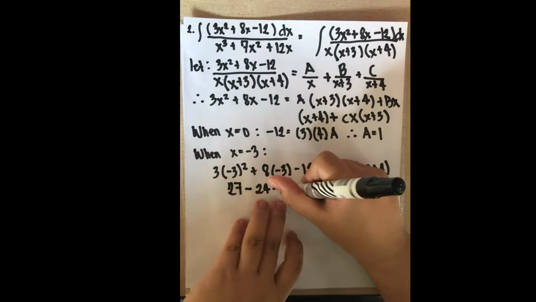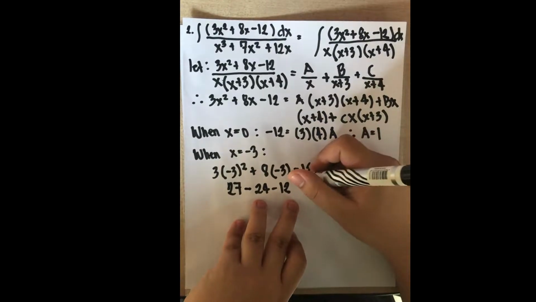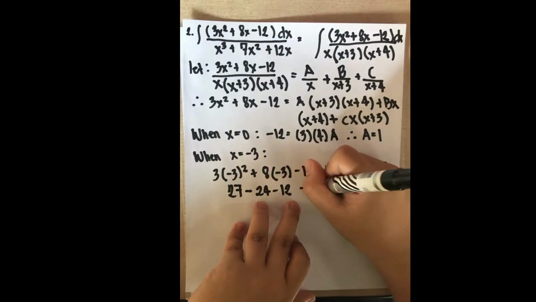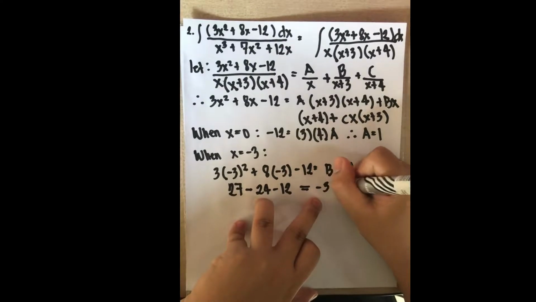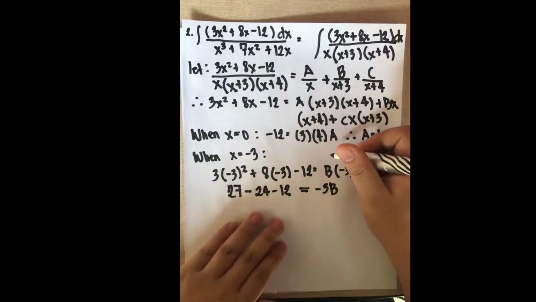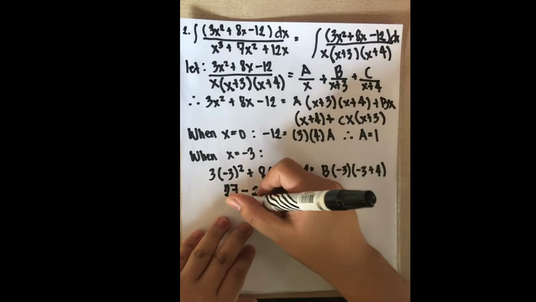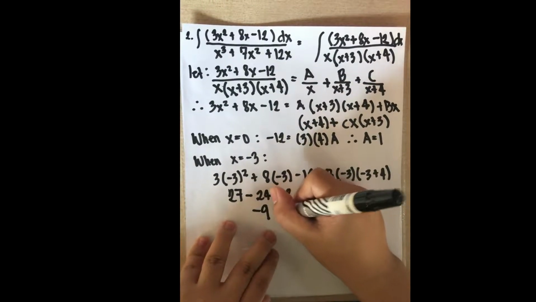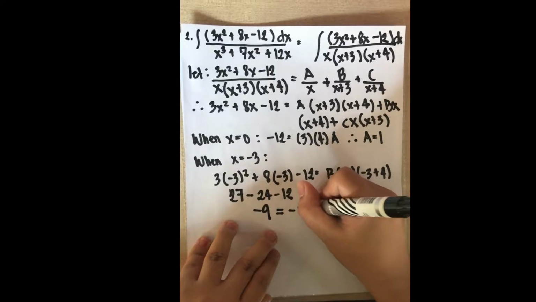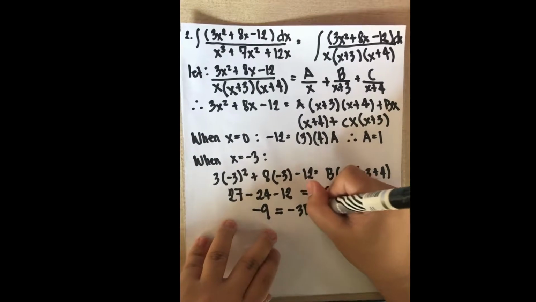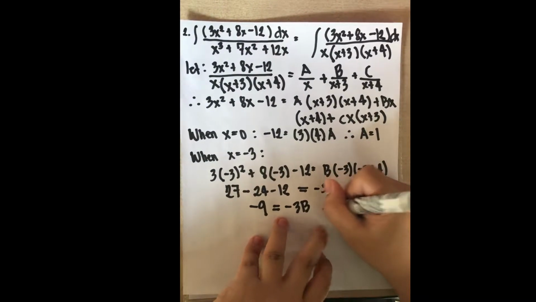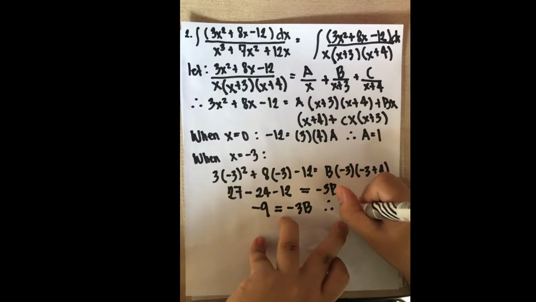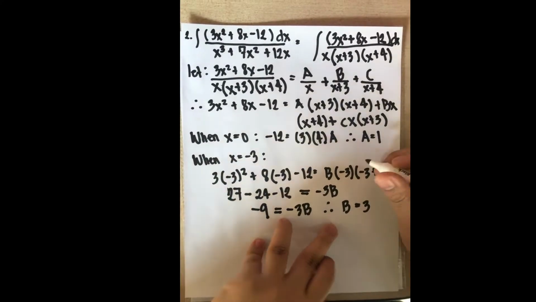So 27 minus 24 minus 12 equals negative 3b. Simplify: negative 9 equals negative 3b, therefore b equals 3.